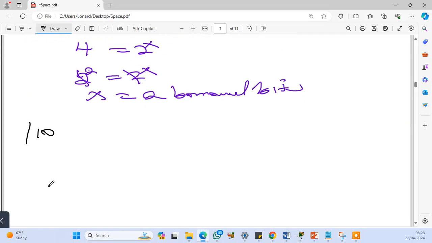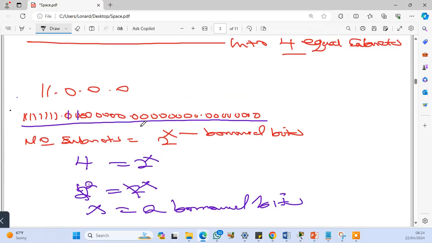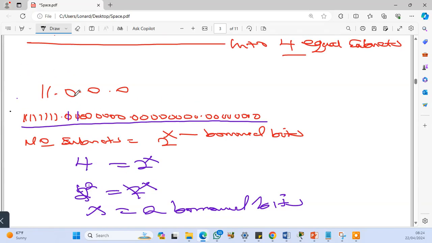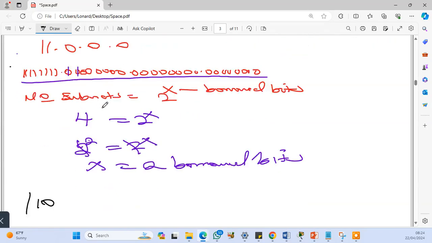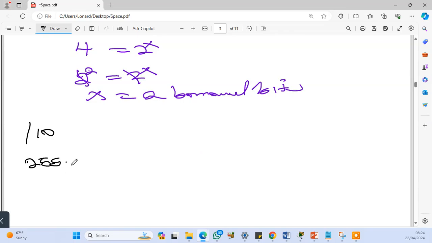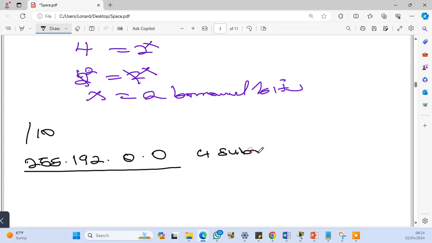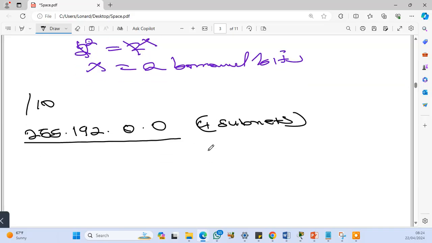If I'm to have the subnet mask in decimal number, it will be 255, then dot, because there were 2 here. So this is 128 plus 64, it will give us 192, then dot 0 dot 0. So this is the subnet mask that we are going to use on all the 4 different subnets.